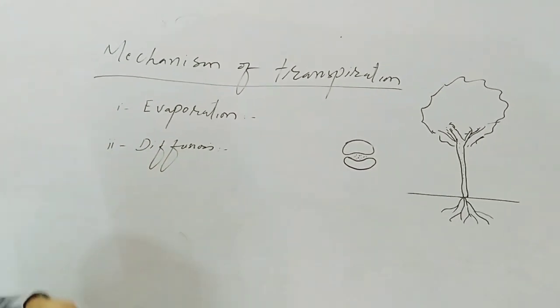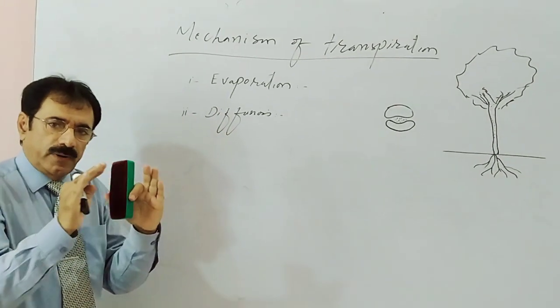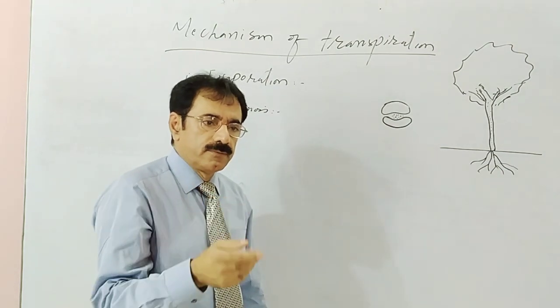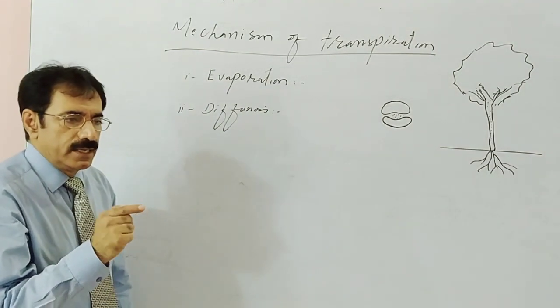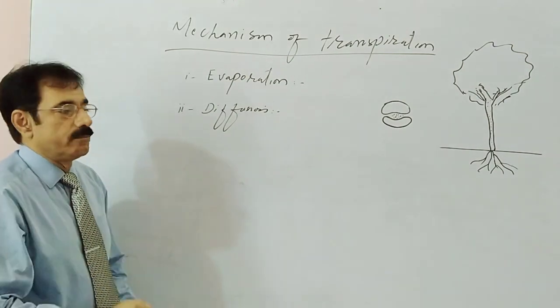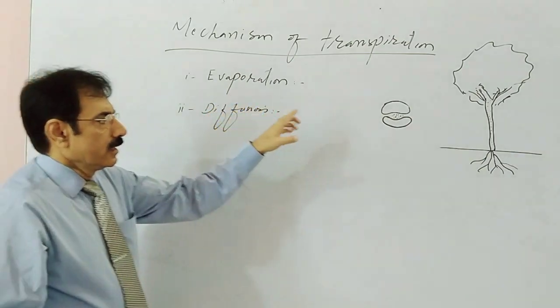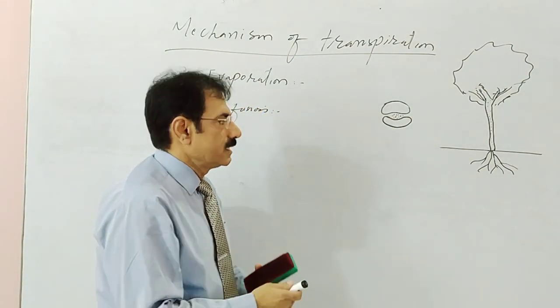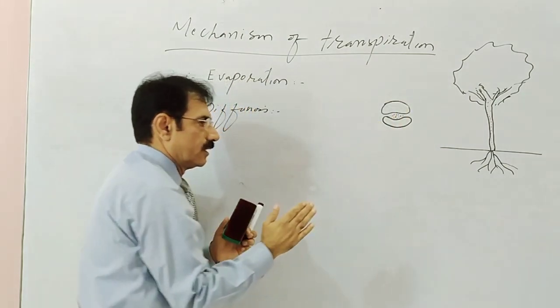Let us see number 1, evaporation. Dear students, evaporation is the process when water from liquid form is changed into vapor form. This is called evaporation. This is a pair of guard cells and neighboring epidermal cells.